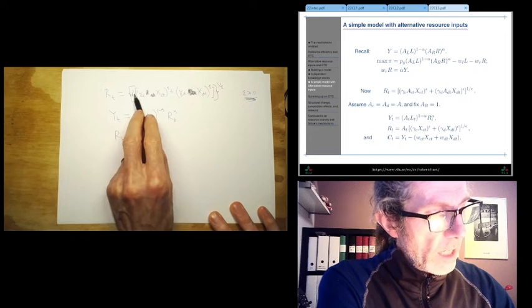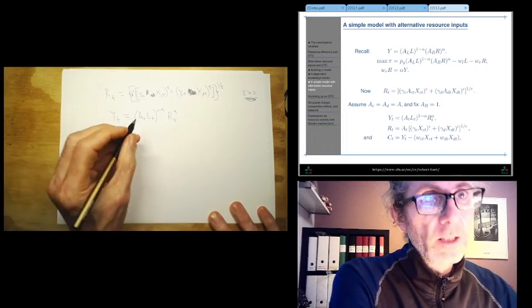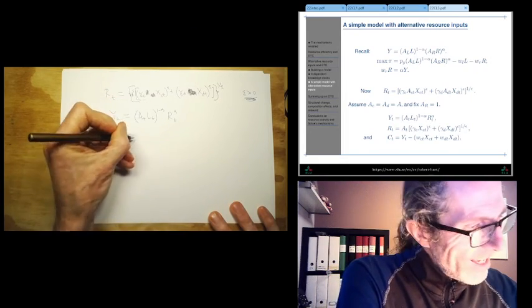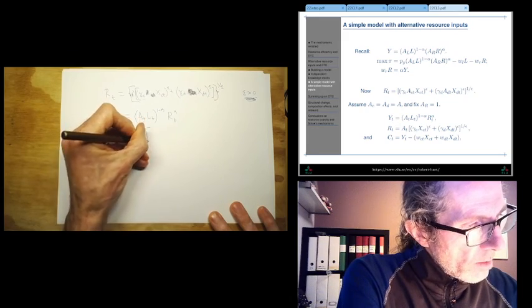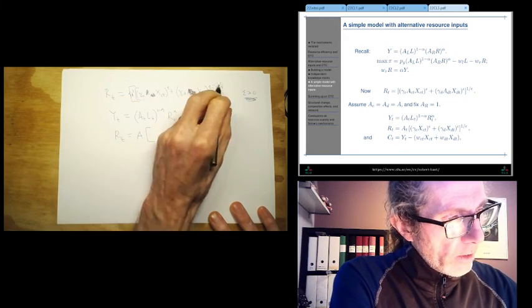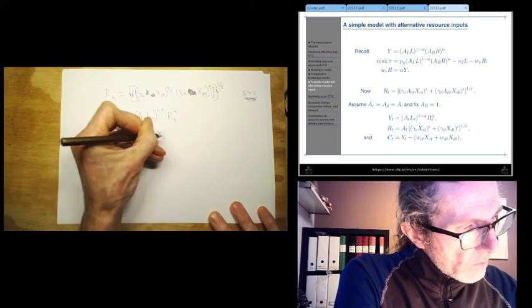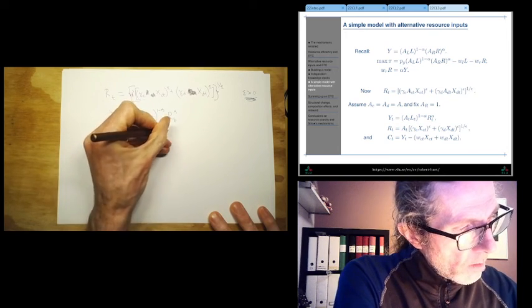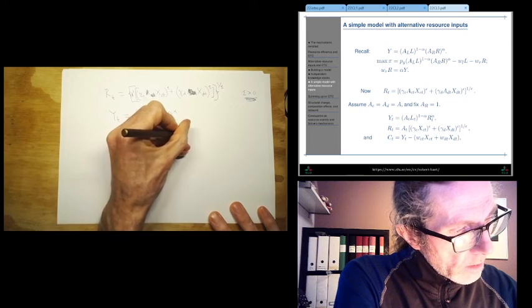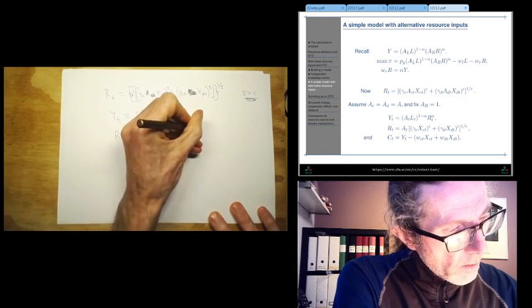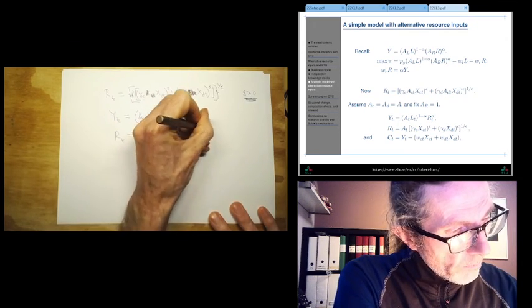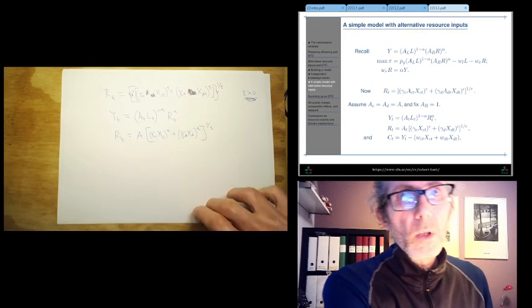And then we've got A to the epsilon to the 1 over epsilon. So we can write it as A times square brackets, this lot, to the 1 over epsilon: gamma_C X_C to the epsilon, gamma_D X_D to the epsilon, to the 1 over epsilon.